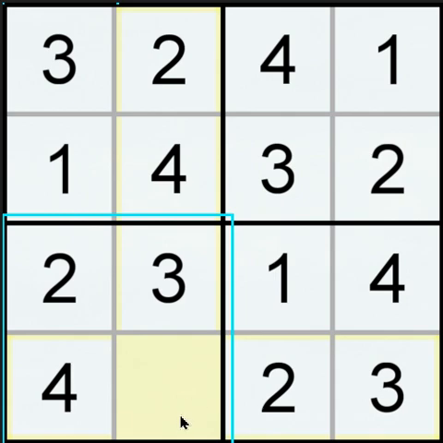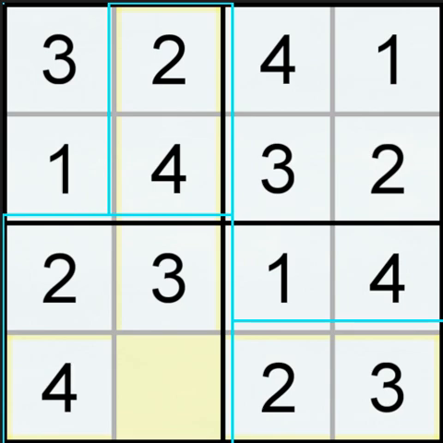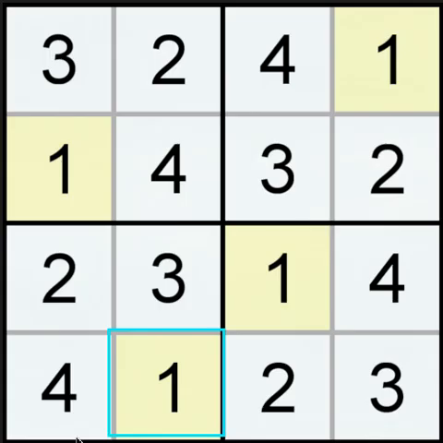You are correct. Think. Crosshatch. Is there another 1 in column 2? Is there another 1 in row 4? No? Good. This means we can put a 1 in the yellow box.